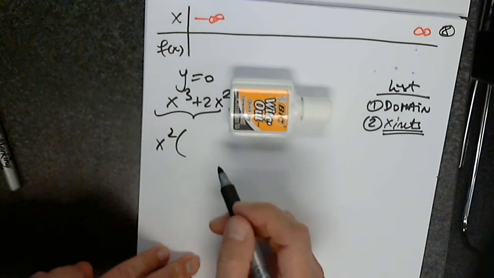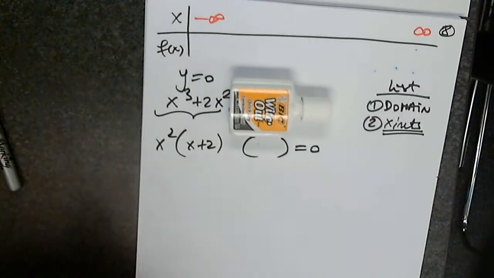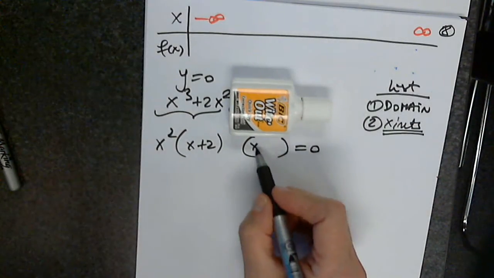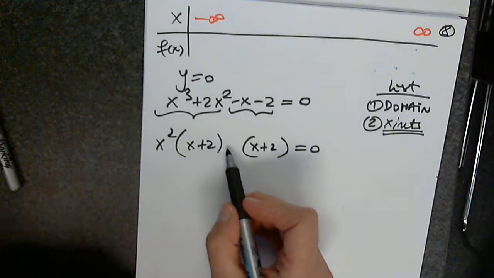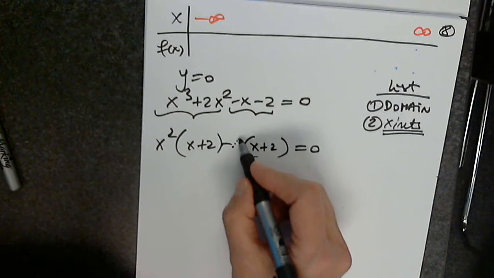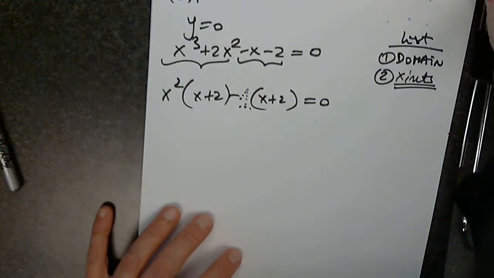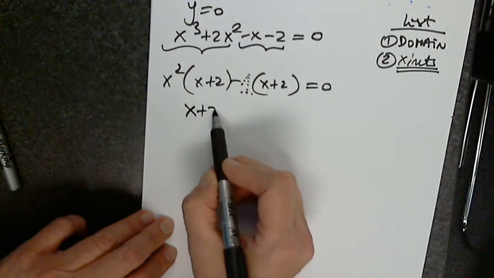Yes, in parentheses. What do I have to have in parentheses coming out of the other two? Otherwise, I can't continue. The common factor goes out, which is? Very good.